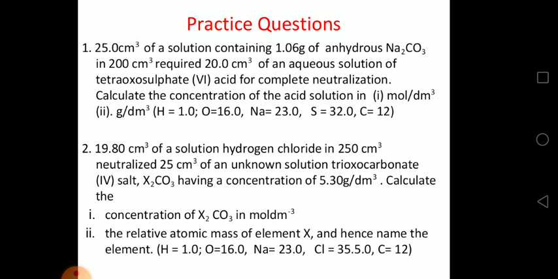Now, in this question, you are expected to calculate the concentration of the acid in mole per dm cube for question 1, and for question 2 it is a little bit trickish, but I want to believe you can apply the same principles and you're going to get your answer.